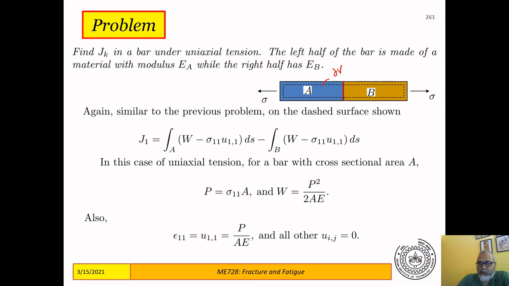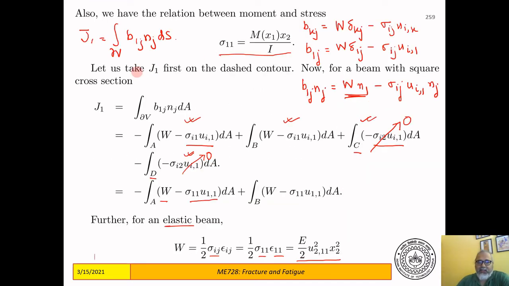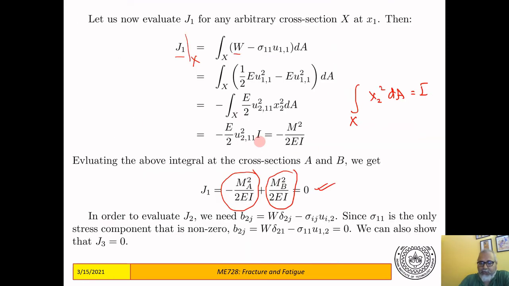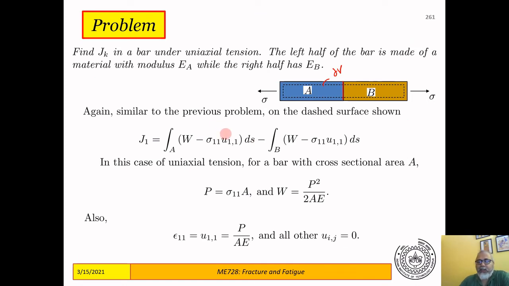As in the previous problem, we again evaluate J1 in exactly the same way, A, B, C, D, and we know that the contour integrals on C and D are equal to 0. So you will be left with the contour integrals on A and B only, and that is what we have written right away. In this case, again, sigma 11 is the only component of stress. So sigma 11 U1 comma 1 is what appears here, just like in the Euler-Bernoulli problem, but the expression for sigma 11 is now different.